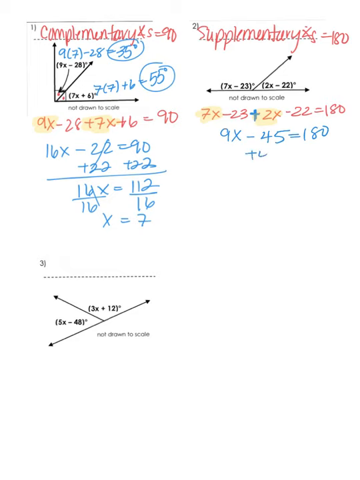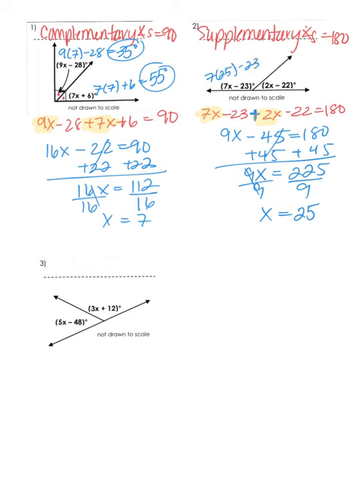180. Add 45 to both sides to get 9x by itself. So 180 plus 45 is going to give me 225. And we're going to divide that by 9. And that's going to give me 25. Once you have that, you're going to plug that in. So 7 times 25 minus 23.